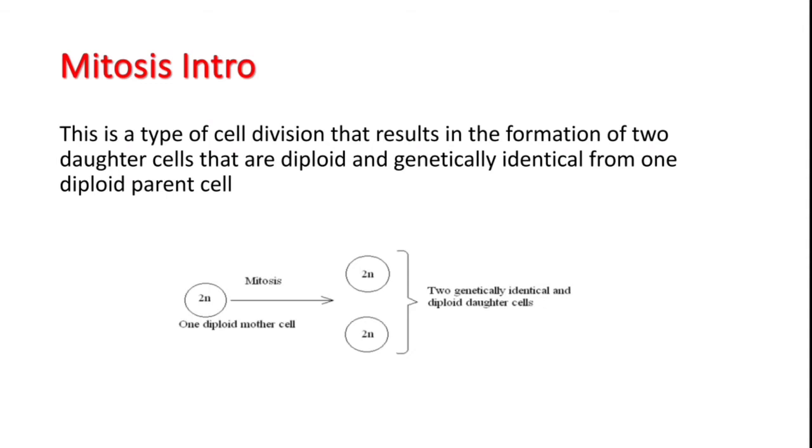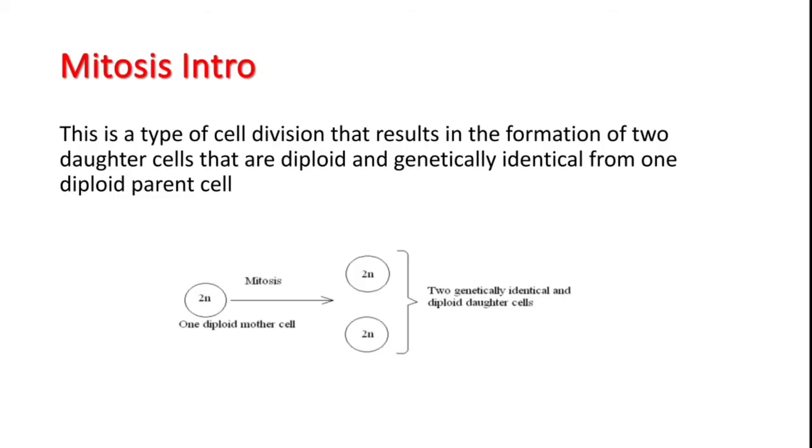No. Two new cells are going to be formed from one cell because that cell would divide. And you're going to learn the process of division, because it occurs in phases, which we're going to learn about. But know that a parent cell will divide.